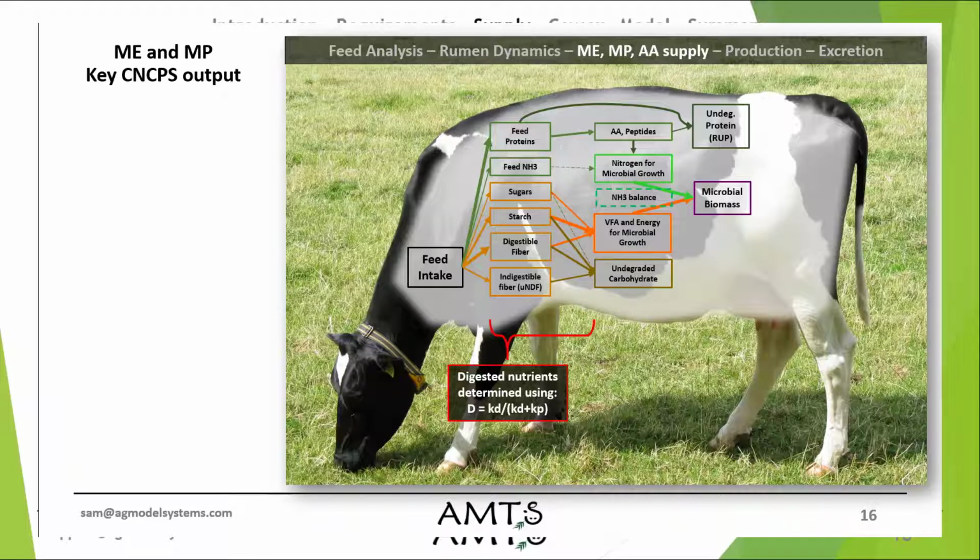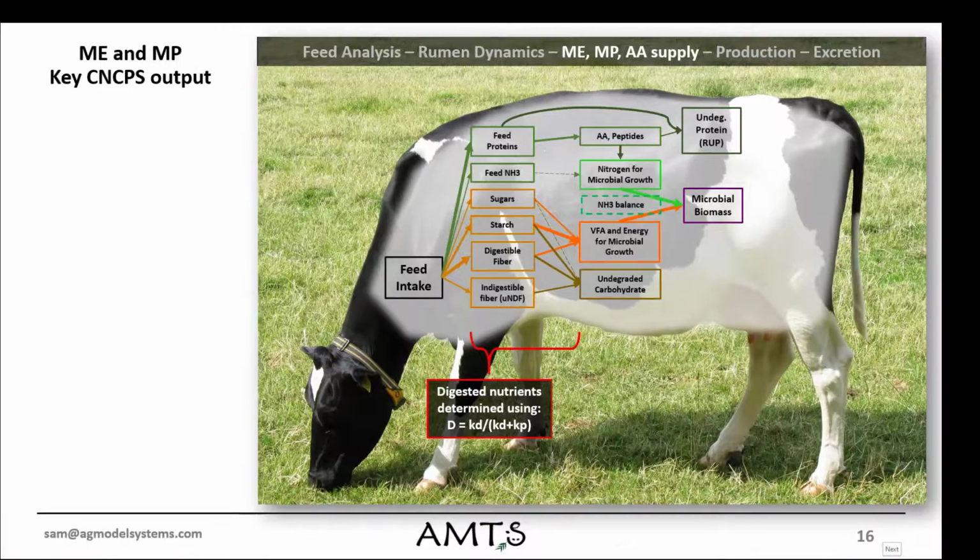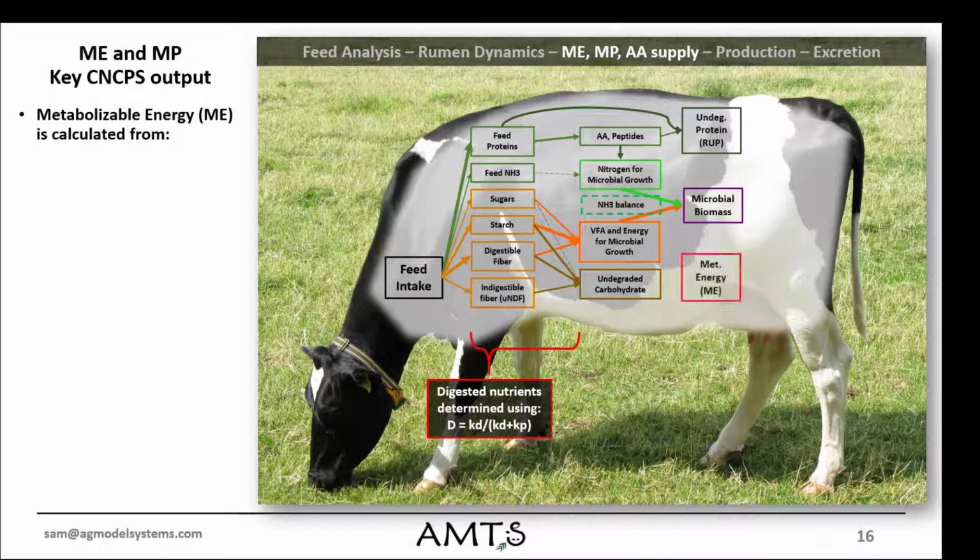In the end, once we can calculate the disappearance of that substrate, we can start to calculate things like metabolizable energy and metabolizable protein. Metabolizable energy is calculated from the digestible nutrients.